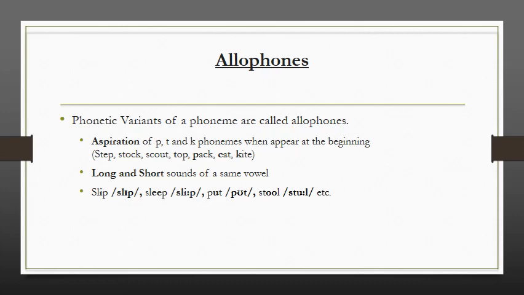We see that t is the first letter of the word, so it would be pronounced with aspiration, as thop. We won't speak it as top. Next are pack, cat, kite. In the second last example, cat, it's khat.